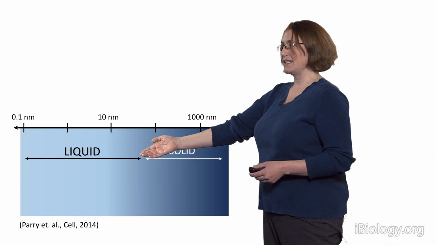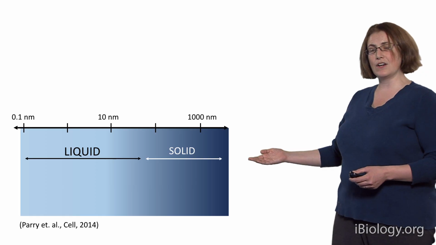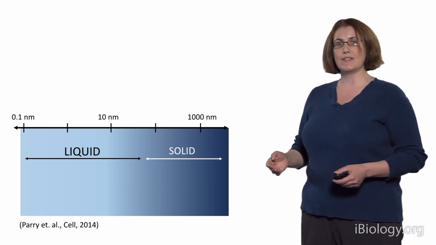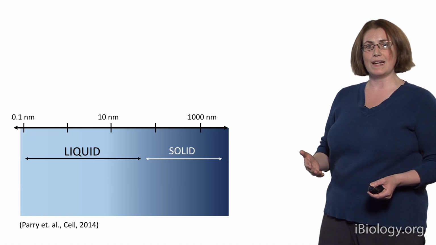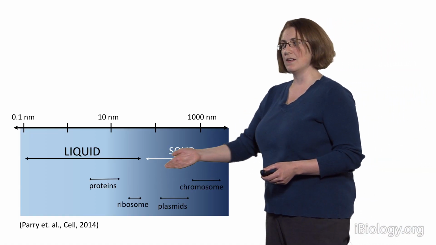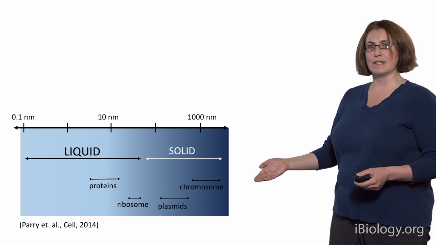It'll be mostly liquid-like at small length scales, and it'll appear like a solid at larger length scales. This transition between a liquid and solid occurs at length scales relevant to organelles. Most proteins will experience a liquid-like environment, whereas chromosomes will experience a more solid-like environment.